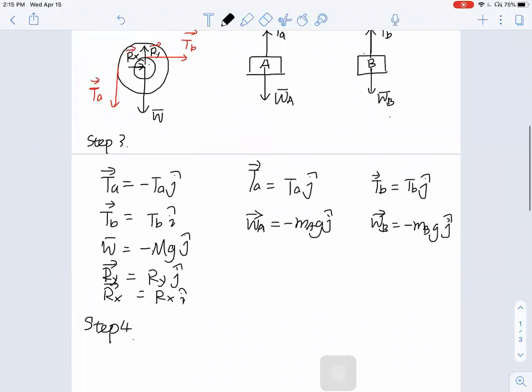So for the first rigid body here, this disk, we want to list the acceleration for this mass. Remember, in this chapter, all the acceleration should be the acceleration of the mass center. So I would add it. In this case, it will be O, since the center of mass is O.